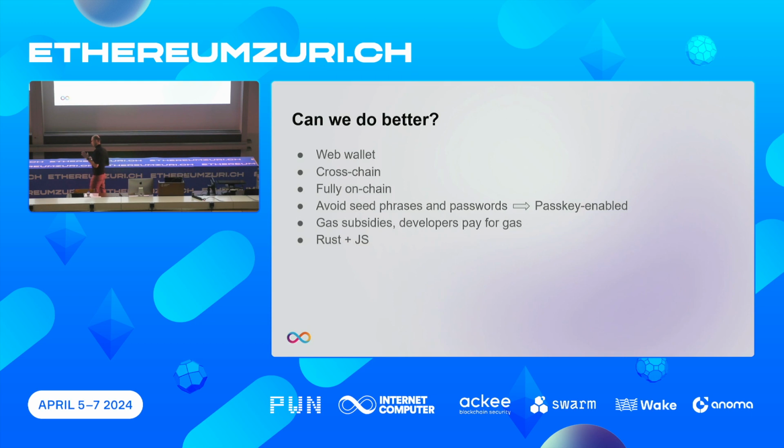The ecosystem of Rust developers is about an order of magnitude greater than Solidity. So if you can develop your wallets in, say, Rust or Python or TypeScript, then you have expanded the ecosystem.